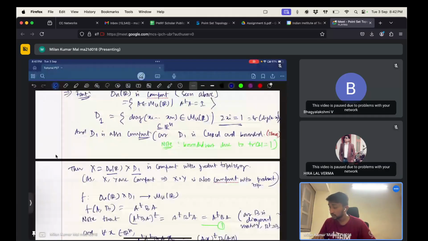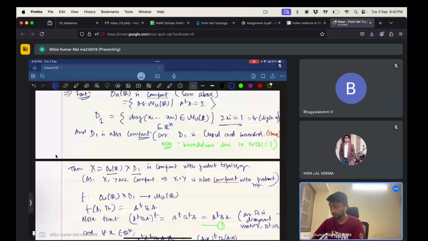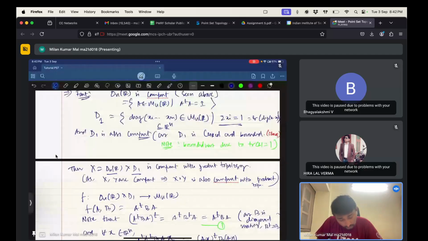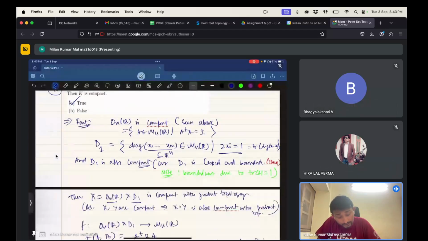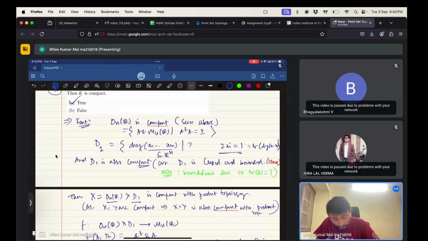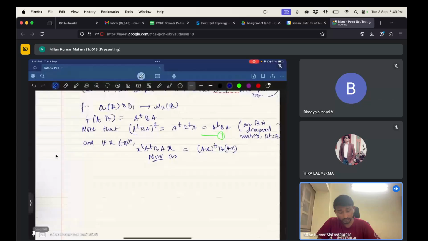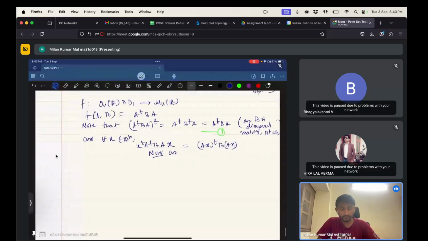For D1, I'll take diagonal elements with trace 1 and all xi positive. Trace is equal to 1 and xi are positive. That means the diagonal matrix is positive definite, right?